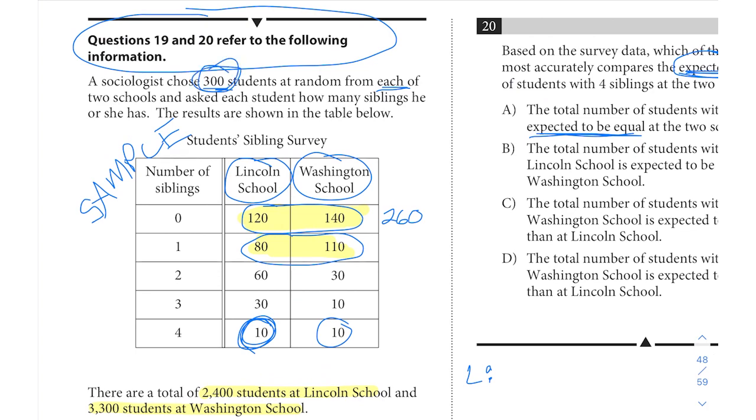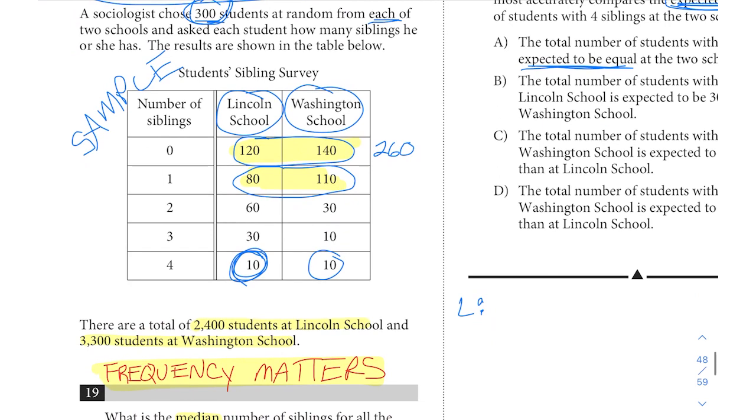So let's refresh and see what they said for our sample size. The sample was 300 students at each school. So for Lincoln, they had 10 out of 300, but we have to translate that into how many is that going to be, or X, out of our total student population of 2,400.